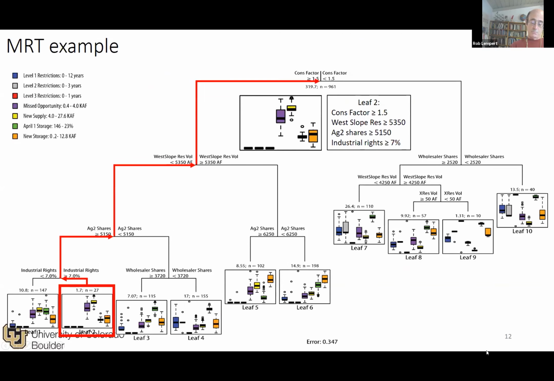And as an example of how to look at one of these, you can either go from the bottom up or the top down, depending on whether you're more interested in the objective outcomes or the decisions. Here you can see a particular leaf, and how you got to that was these various splits in the data.